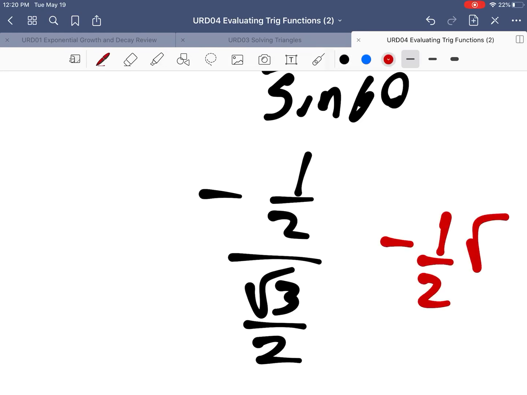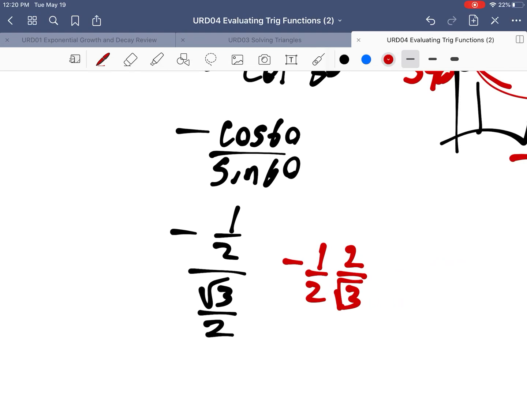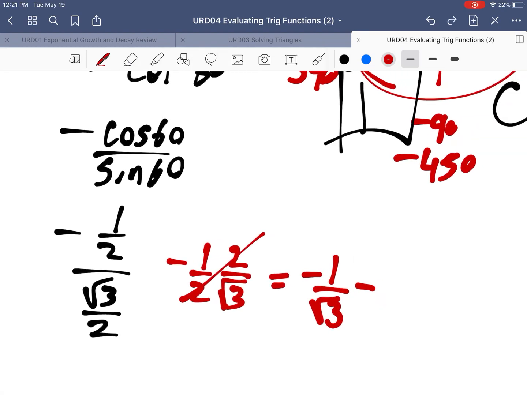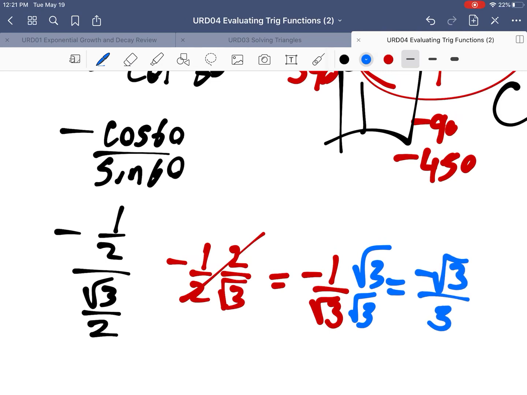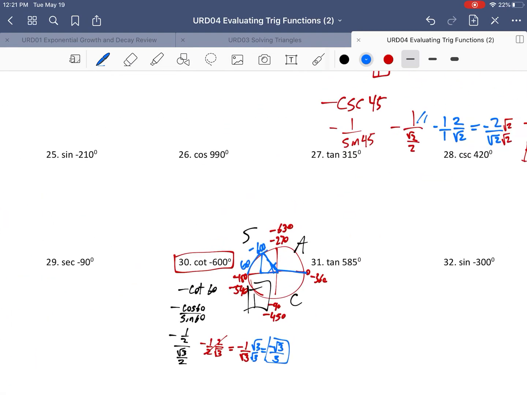By keep change flip, we're going to get negative 1/2 times 2 over radical 3. The 2's will cancel out, and we'll be left with negative 1 over radical 3. We got to rationalize the denominator. So we're going to multiply the numerator and denominator by radical 3, and we will get negative radical 3 over 3. That is the cotangent of negative 600.